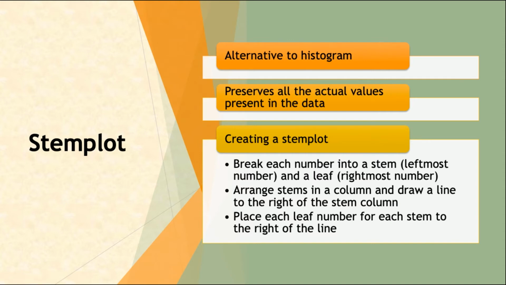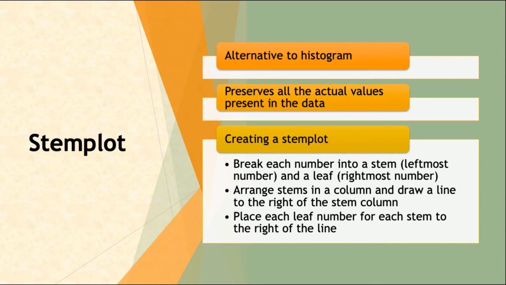Then we go to the stem plot. As a quick alternative to the histogram, you may also consider using a stem plot, also known as a stem-and-leaf plot. To create a stem plot of your data, you simply break each number into two parts, stem and leaf.